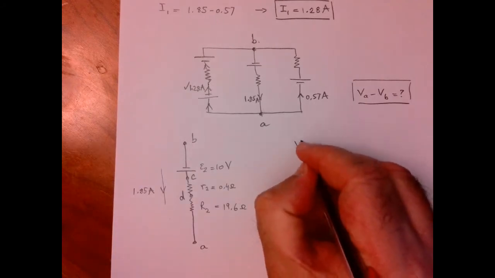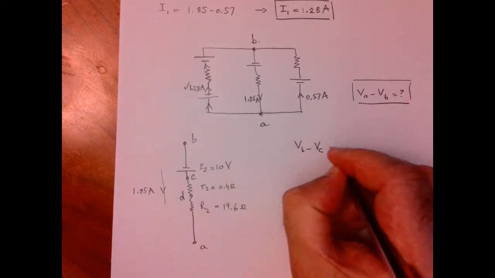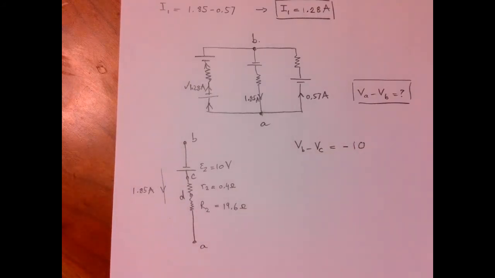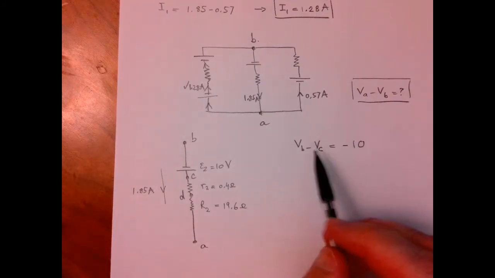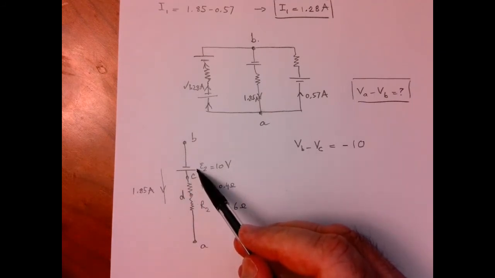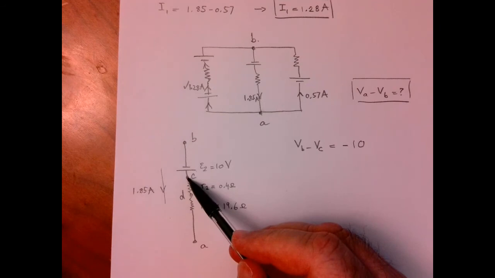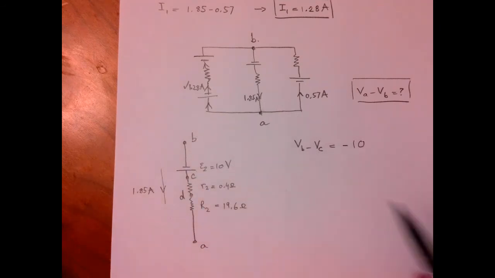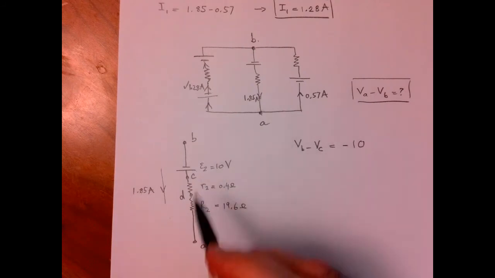So VB minus VC is going to be negative 10. Please appreciate what we are doing here. The battery here, the plus is here, so that means point C is at a higher potential, but I'm starting from the top, so I'm saying VB minus VC is equal to negative 10, because VC is greater than VB by 10.